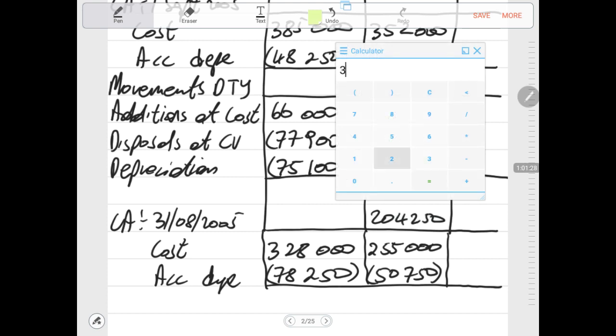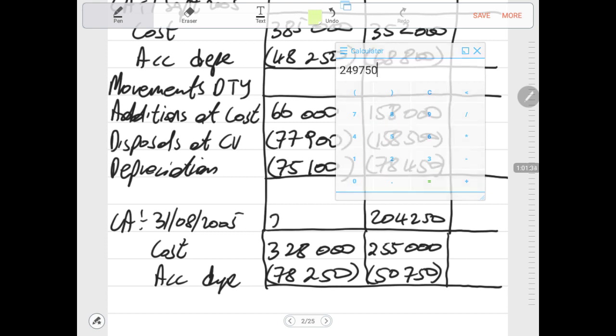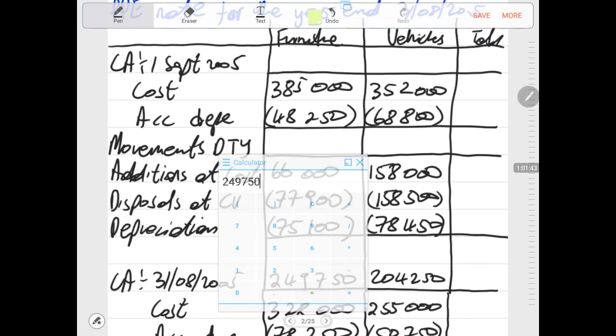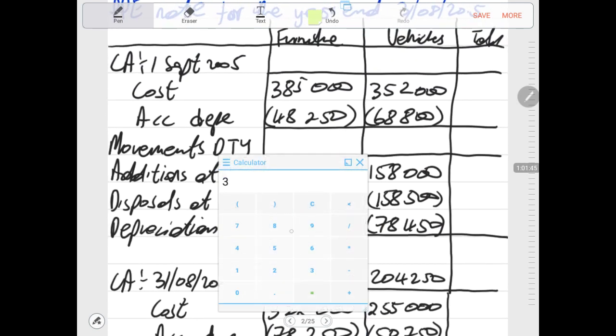Then I say 328,000 rands minus 78,250. This gives me 249,750. Then I calculate my opening balance, 385,000 rands minus 48,250.